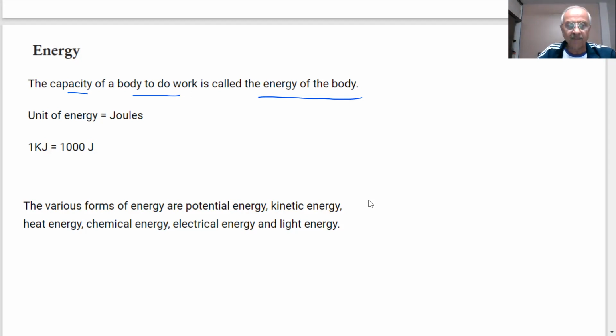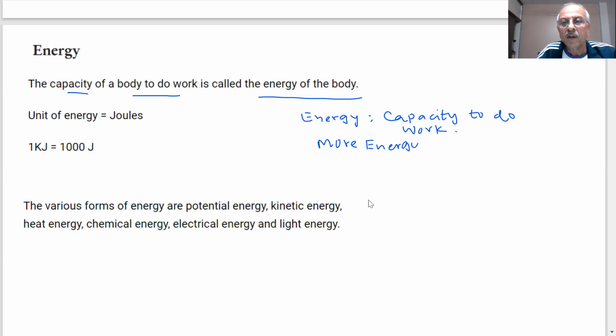So energy is the capacity to do the work. If you have more energy, you have more capacity to do the work.